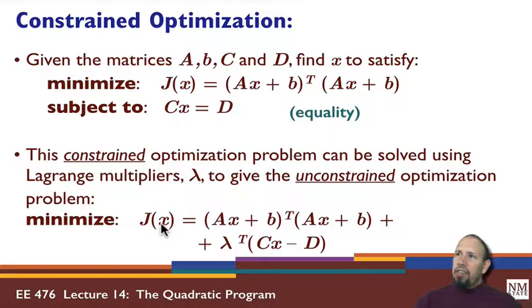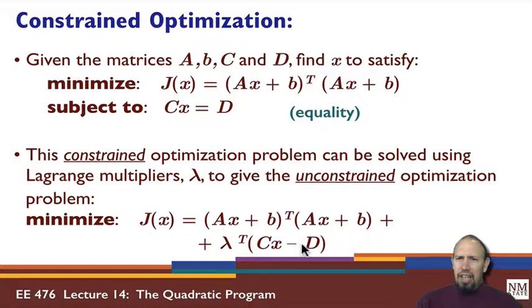Actually, even though it says x, it's actually x and lambda. So lambda is another variable that appears here. If we had equality in this optimization problem, then we have another way of finding an exact solution. And you can go through and figure out how that solution looks.